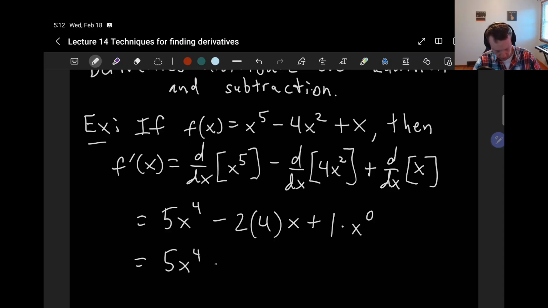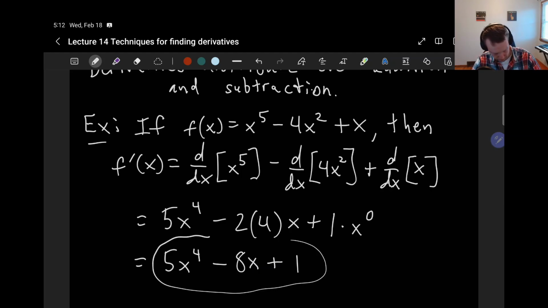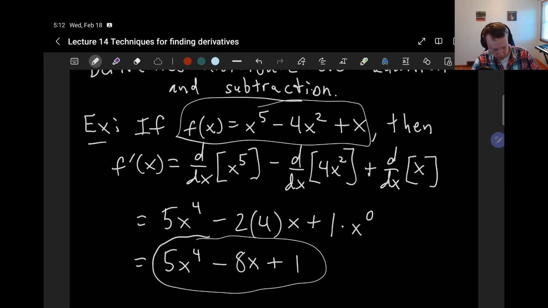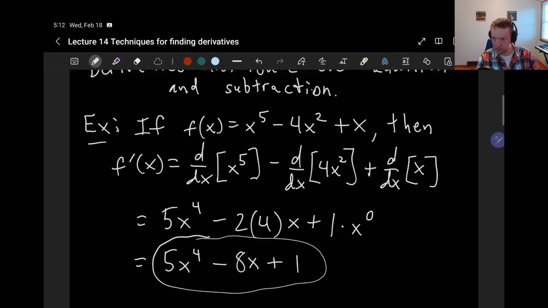Let's finish this. There we go. So again, the derivative of the entire polynomial, f of x, was found by taking the derivative of each individual term. You're allowed to do this with subtraction and addition.